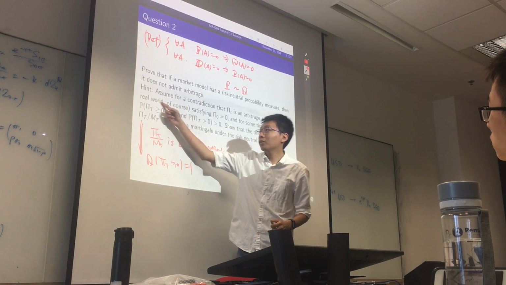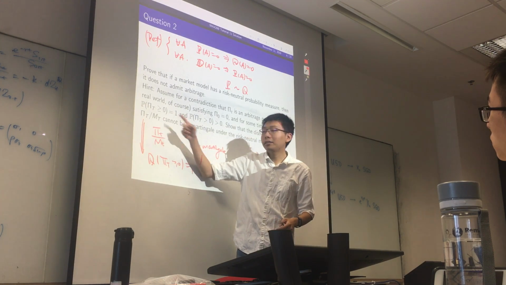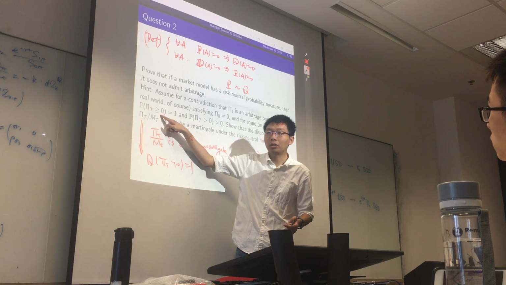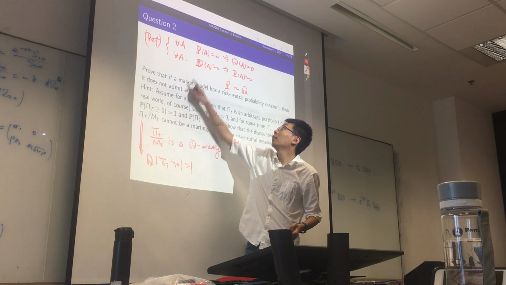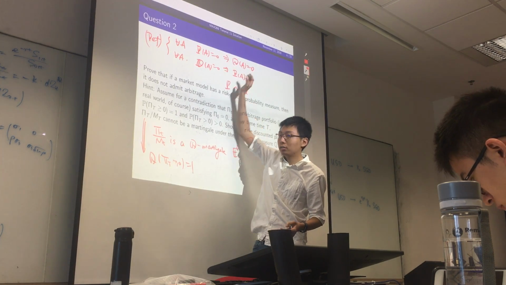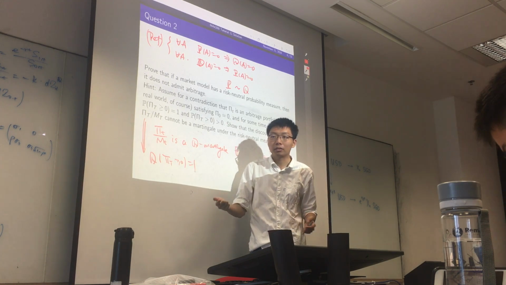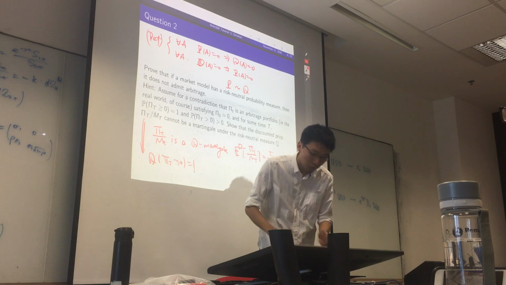Why? Because your belief can be translated in this way. You are saying it is not possible that pi t is smaller than 0. Pi t smaller than 0 has probability 0. You think the probability of something is 0, and I will agree. So I will agree that pi t cannot be smaller than 0. So it's always non-negative, greater or equal to 0.